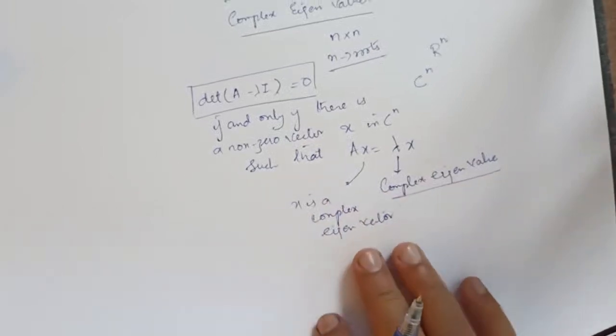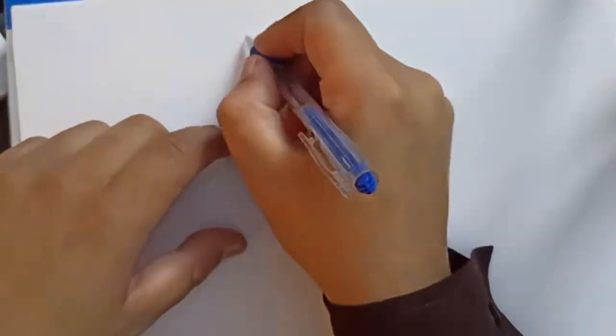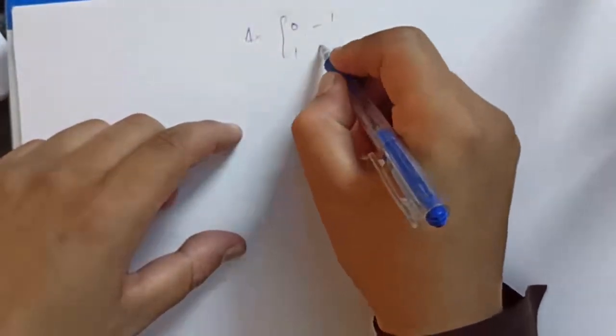Now let's do an example to illustrate the concept of complex eigenvalues. Assume the matrix A is 0 minus 1, 1 0.